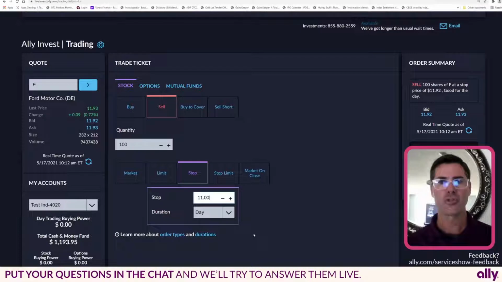Now, there's a crucial distinction there, and that's why we'll go to what a stop limit is. Once the threshold of $11, if Ford was to go down to $11, you would now have a market order. A market order means you're going to sell at whatever the going market price is. That'll probably be around $11, but not necessarily.